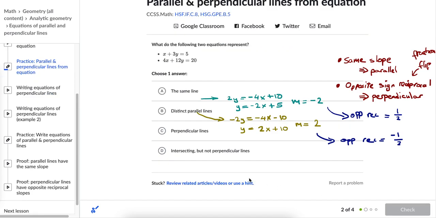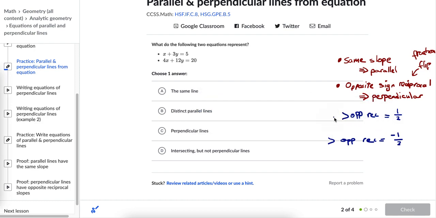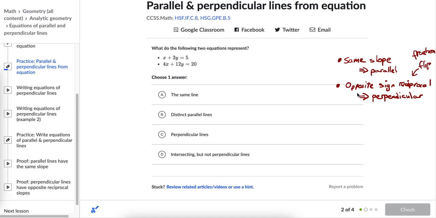We'll look at a couple more questions. I am going to keep the cheat sheet right here for you. The idea is that opposite sign reciprocals means perpendicular, and the same slope means parallel. Let's take a look at these two equations. The first equation is not in slope-intercept form, but if we convert it, we'll see that 3y is equal to negative x plus 5.